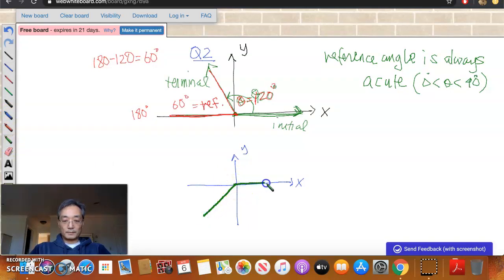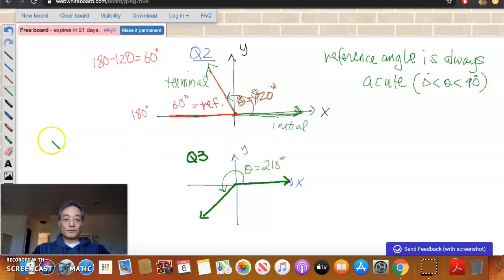Again, an initial side always on the positive x-axis, and our terminal side in the third quadrant. This is a Q3 angle. In a Q3 angle, our angle goes all the way around like this. That's our theta. Let's call that 210. Our original angle is 210 degrees.